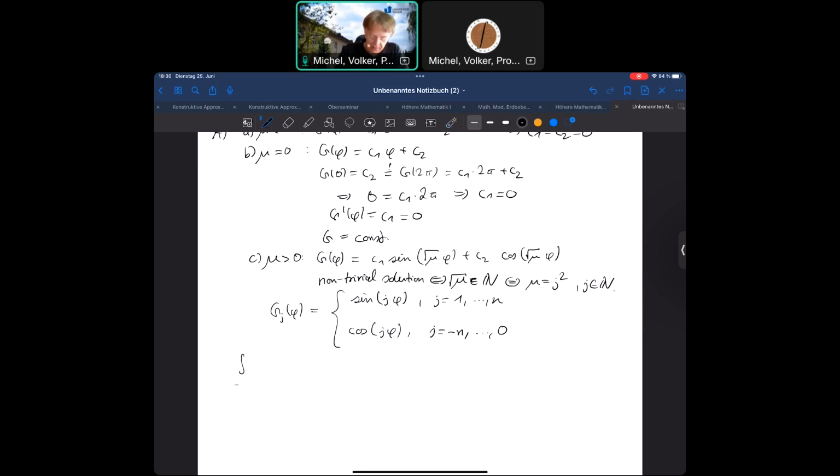If I now have an integral over omega of h g_j times h g_k d omega, I will skip the arguments here because it doesn't fit up properly.